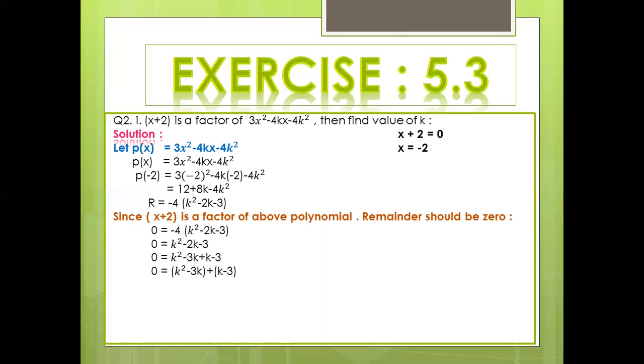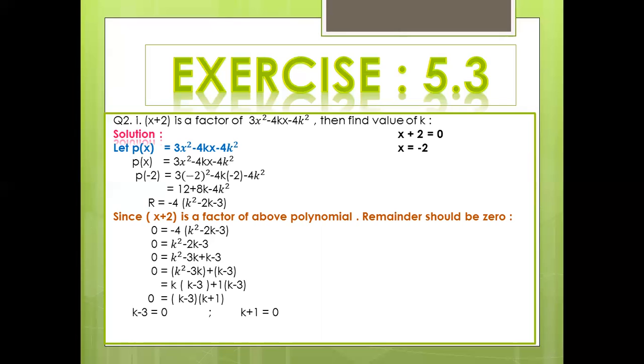Only we split minus 2k into minus 3k plus k. Make the pairs: k square minus 3k plus k minus 3. In the first bracket, k is common, and in the second bracket there is no element common, so we take 1 as a common factor, and we have two brackets with k minus 3 and k plus 1.